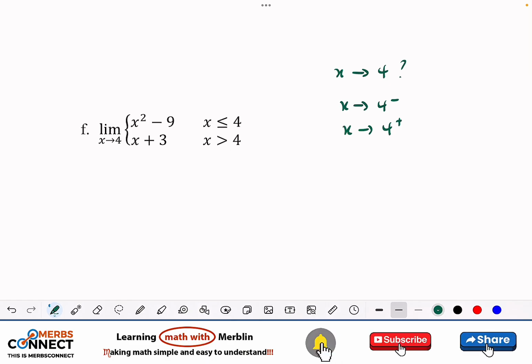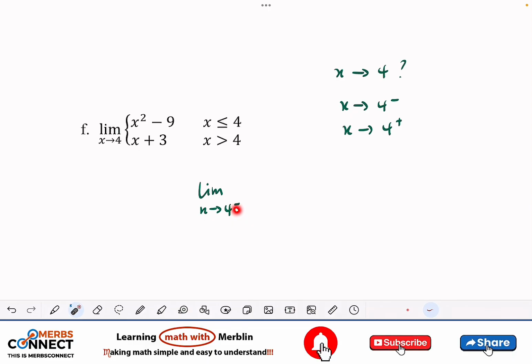Let's look at limit as x is approaching 4 from the negative. Which function are we going to use? When you say x is approaching 4 from the negative, it means that all the values of x are less than 4. So with this one, which one is less than 4? This, because we are talking about the negative. So the function that we are going to use is x squared minus 9.